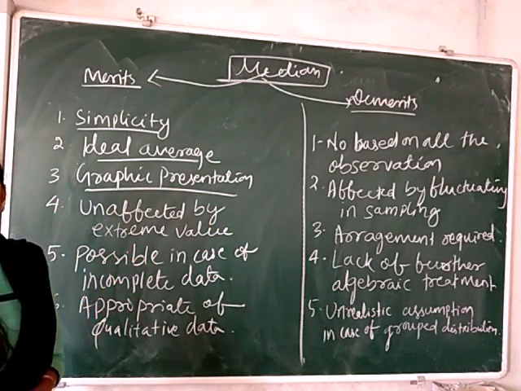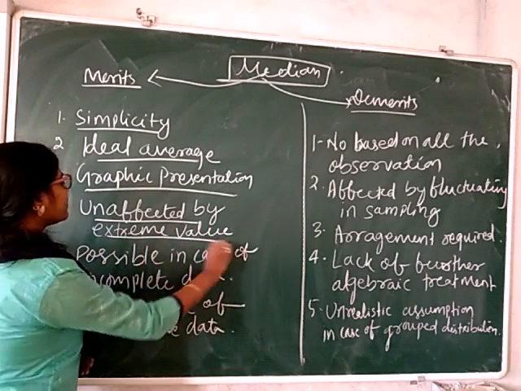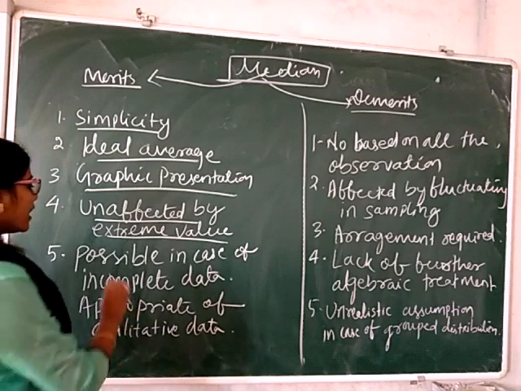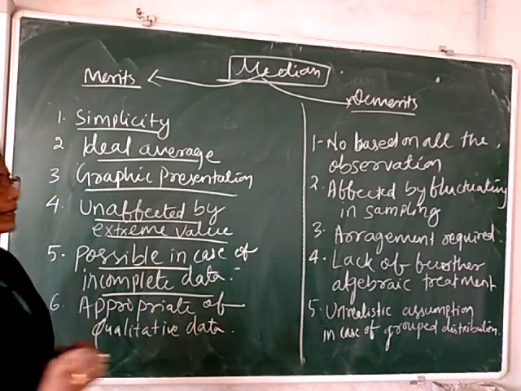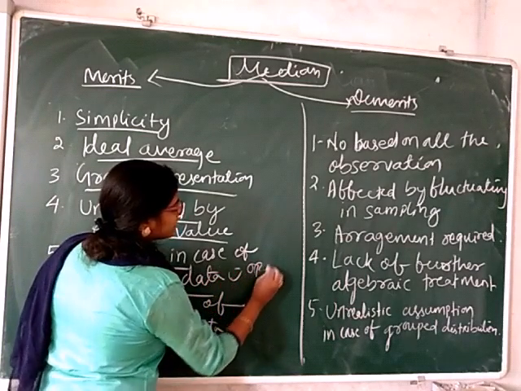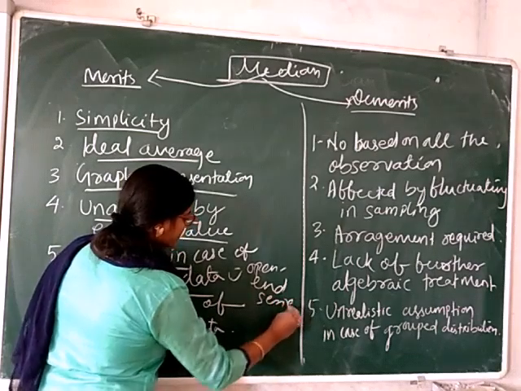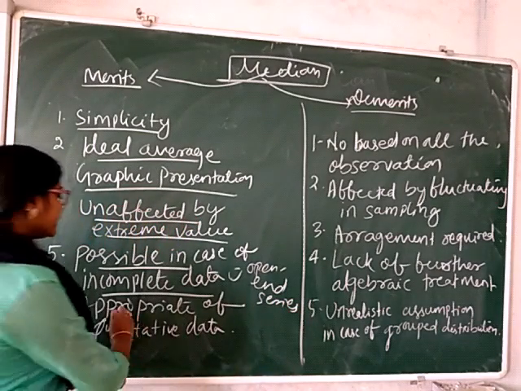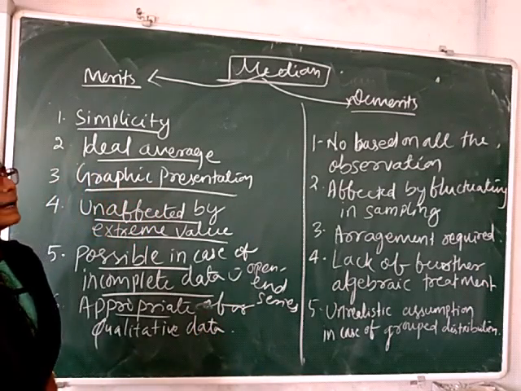The median can be calculated by using a graphical method also. The median is unaffected by extreme values. It is also possible in the case of incomplete data, such as open-end series. And the median is appropriate for qualitative data.